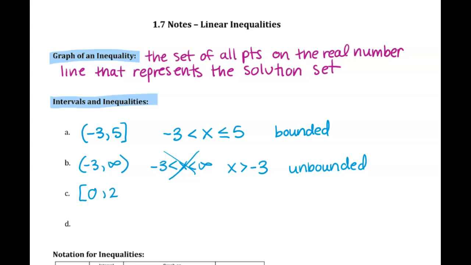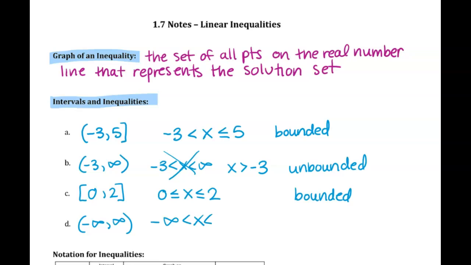If we look at 0 to 2, brackets on either side, so 0 and 2 are both included. So 0 is less than or equal to x is less than or equal to 2, bounded, because if you picture it on the number line, it's 0 to 2, not going on forever in either direction. -infinity to infinity. -infinity is less than x is less than infinity.